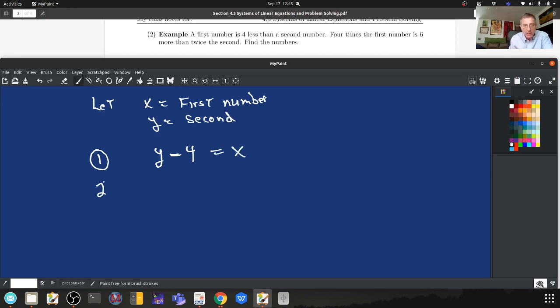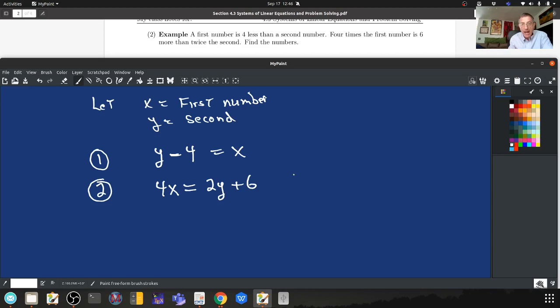What's my second equation? 4 times the first number is 4 times x, and it translates into equals 6 more than twice the second. So twice the second is 2y, and when I add 6 more to it, I get 2y plus 6.